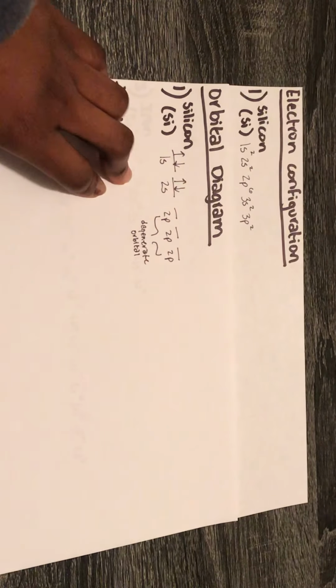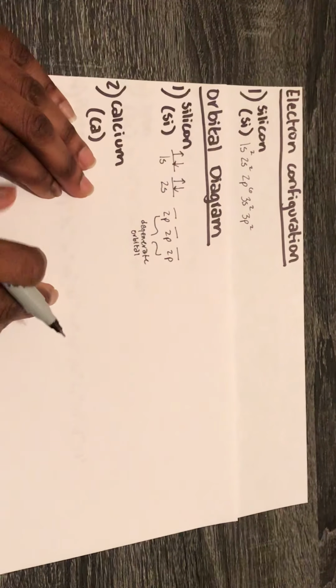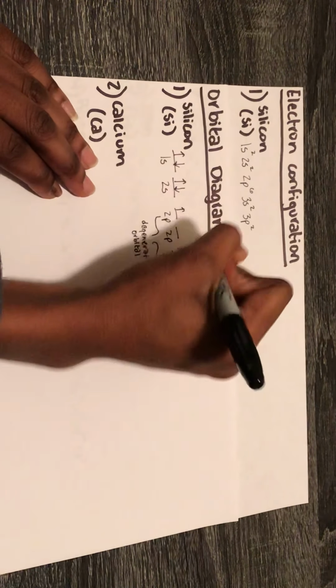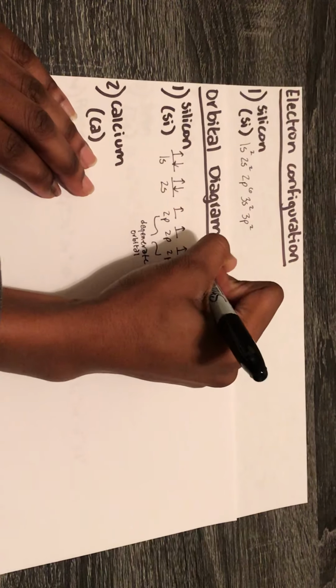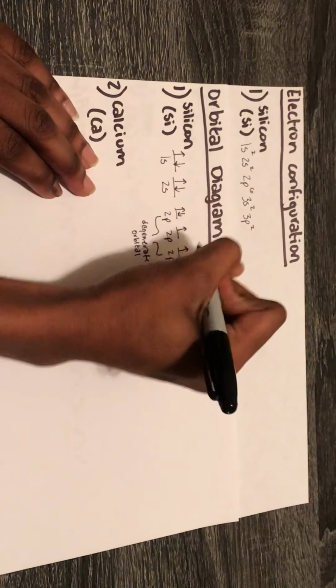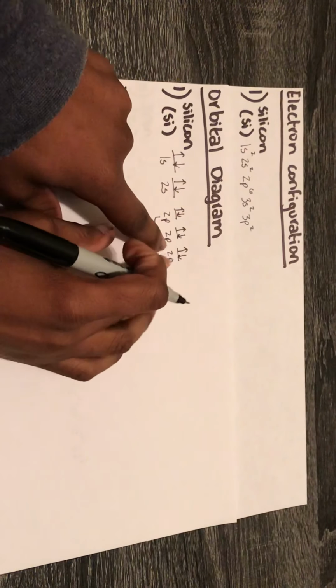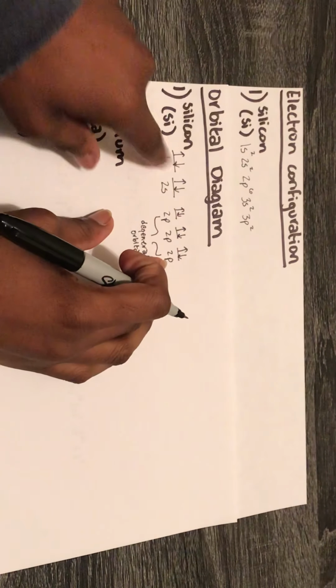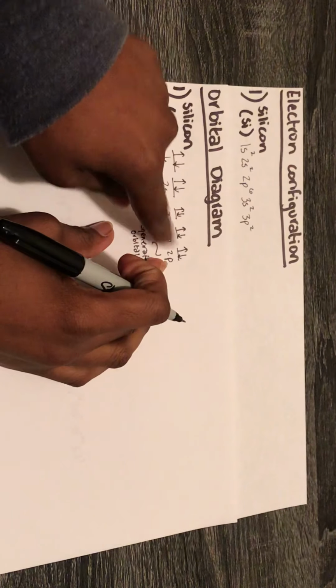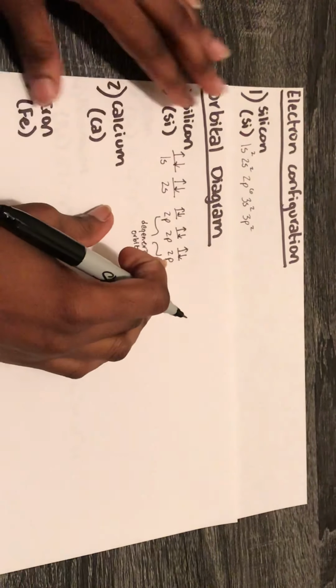You always have to do 1 before going back and pairing. So you would do an up spin arrow for each of these before going back and doing a down spin arrow. And you know that you have to go back and pair them because we're working with 14 electrons. This is not 14: 2, 4, 6, 8, 10. You still have 4 more to work with.